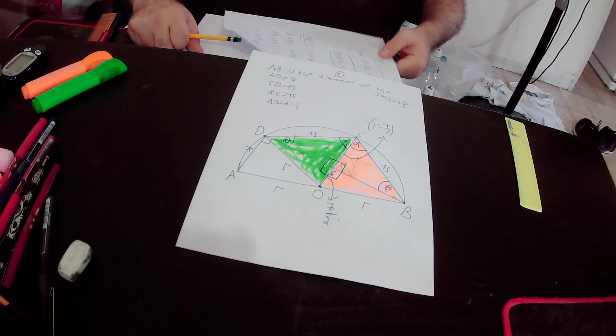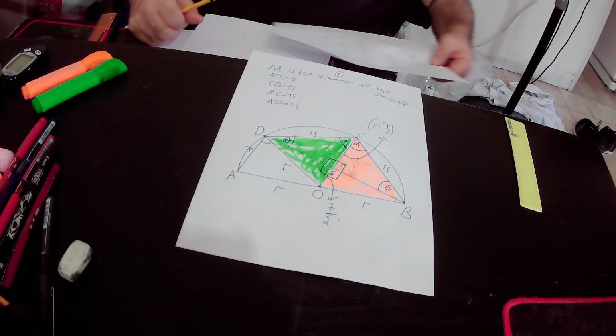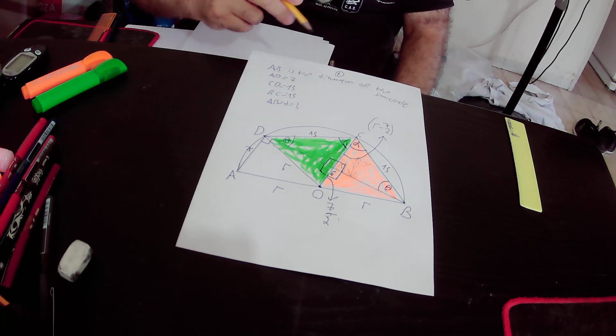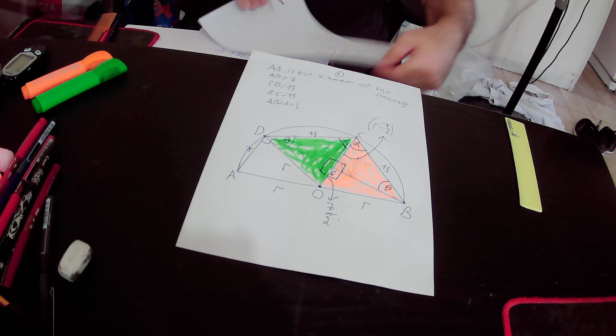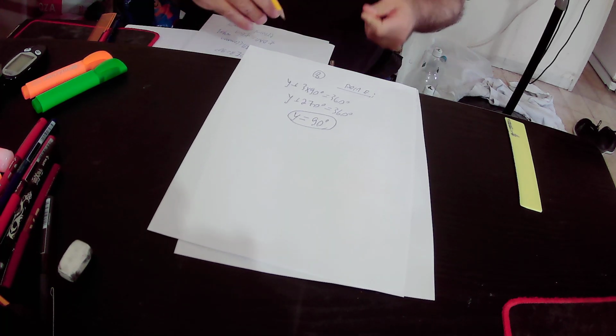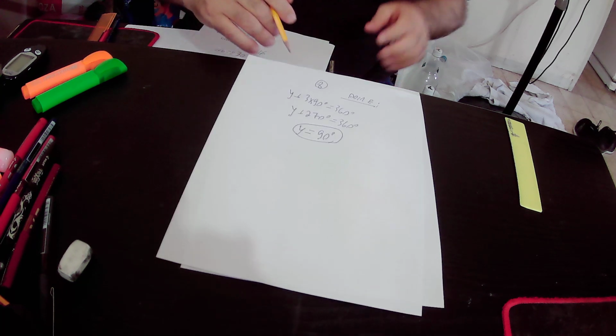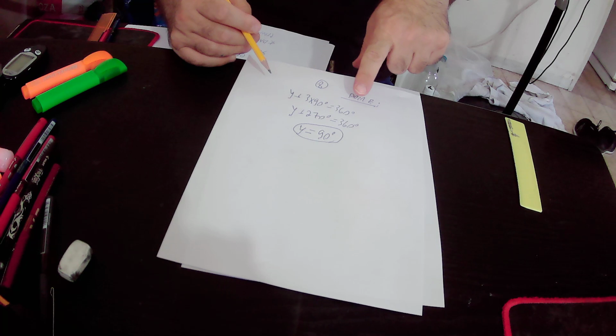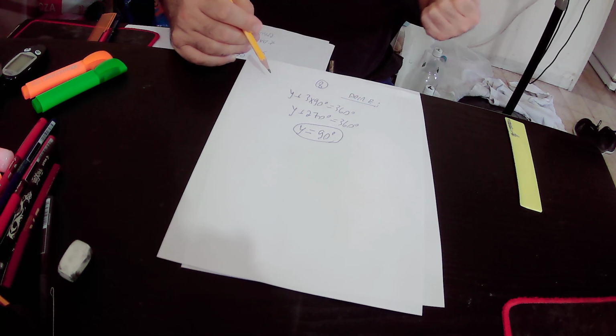So the sum of the angles around point E must be equal to 360 degrees. Okay, we will focus on point E. We will create a statement that the sum of the angles around point E equals 360 degrees according to rule number 3.